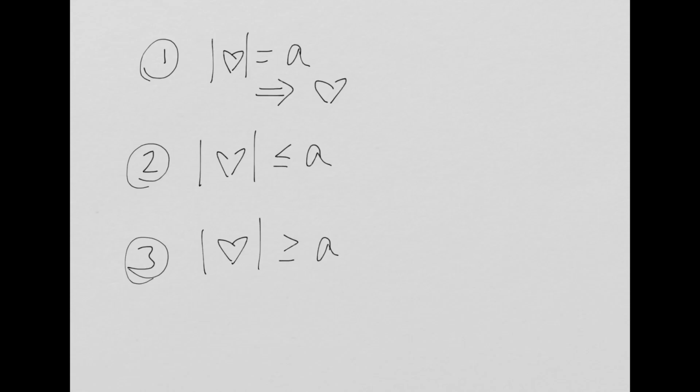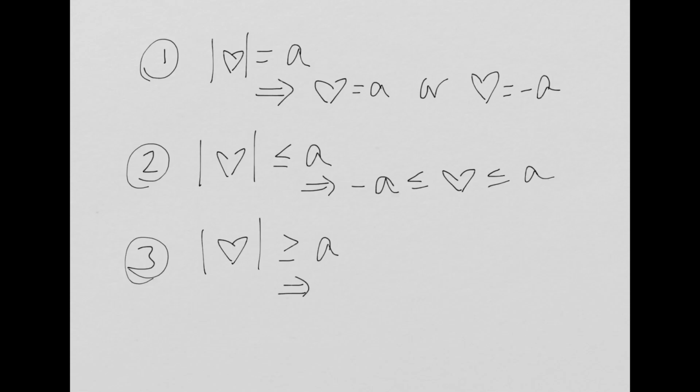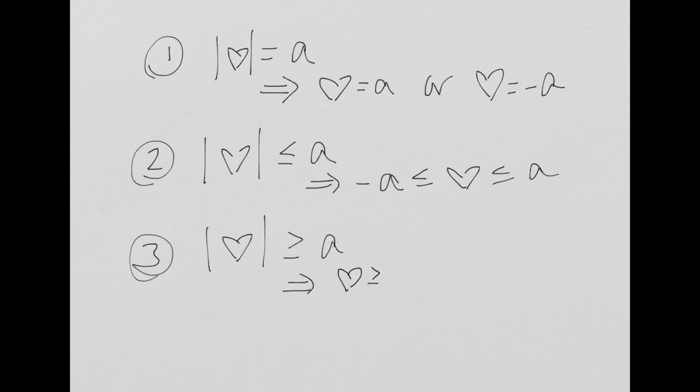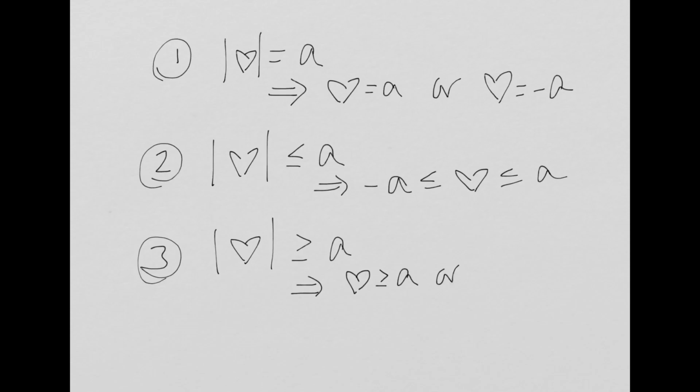Well, in the first one, you say it's equal to a or it's equal to negative a. In the second one, bound it. Bound it below by your negative and above by the positive. And then in the third one, you're going to have 2. Either it's larger than a or it's less than or equal to the negative a.